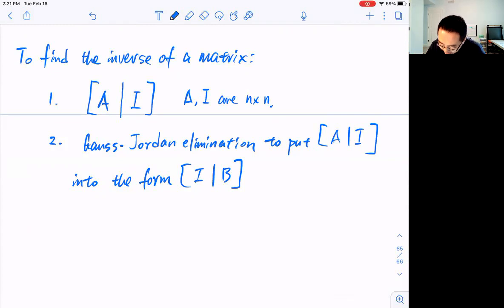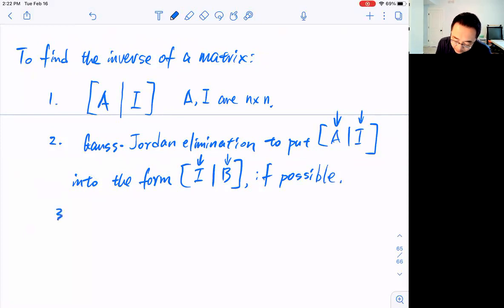So you do whatever it takes to turn this A into I, but you apply the same row operations. Whatever you're doing to A, you do it to I on the right-hand side. And by the time you turn A into this I, then on the right-hand side, the I is no longer I, so we call it B now. And of course, if possible, because sometimes A just simply cannot be reduced to an identity matrix. If that's the case, then A inverse is B, or I should say B is A's inverse.